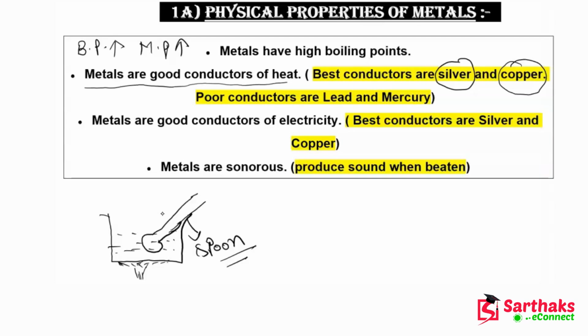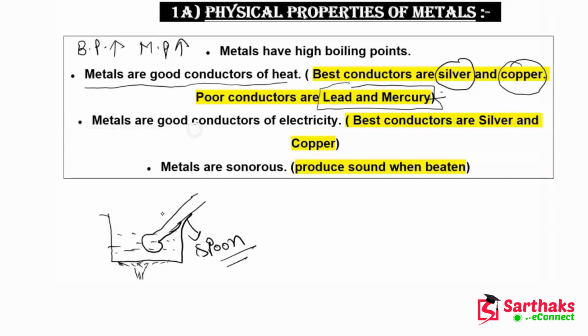Now there are some exceptions as well, and that is lead and mercury. Although lead and mercury are metals, they are not good conductor of heat. They are poor conductor of heat. I hope this thing is clear to you.